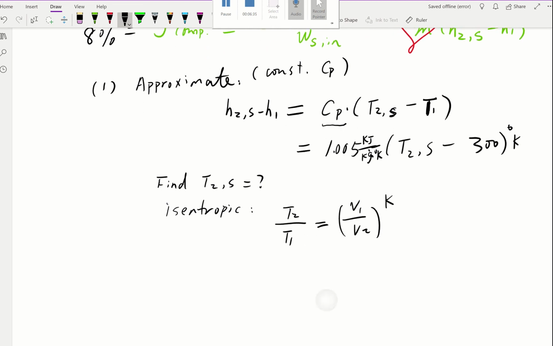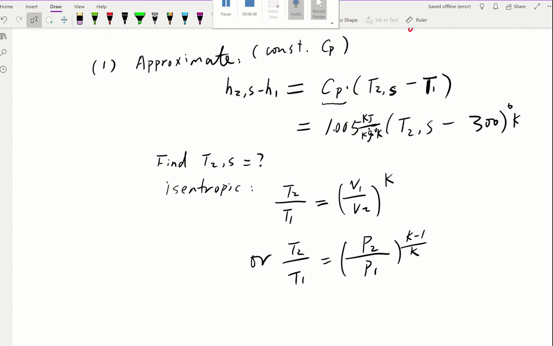And another formula we have is T2 over T1 equal to the pressure ratio, P2 over P1, with exponent (K minus 1) over K. So those are two formulas you can use. And just a quick recall, those two formulas are based on approximate analysis, which means constant Cp. That's how we derive this with constant Cp or constant Cv.